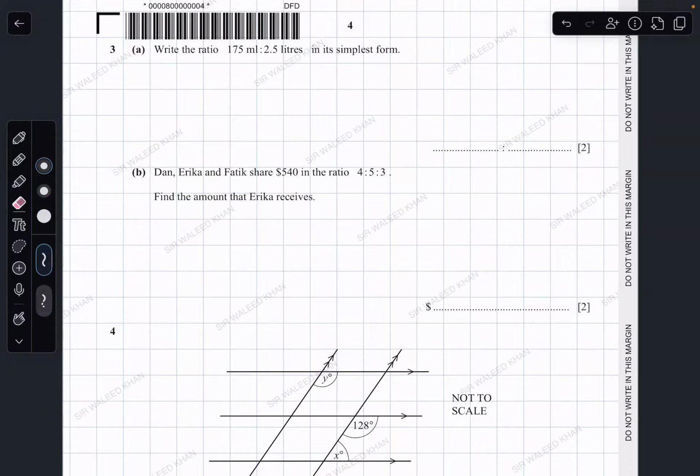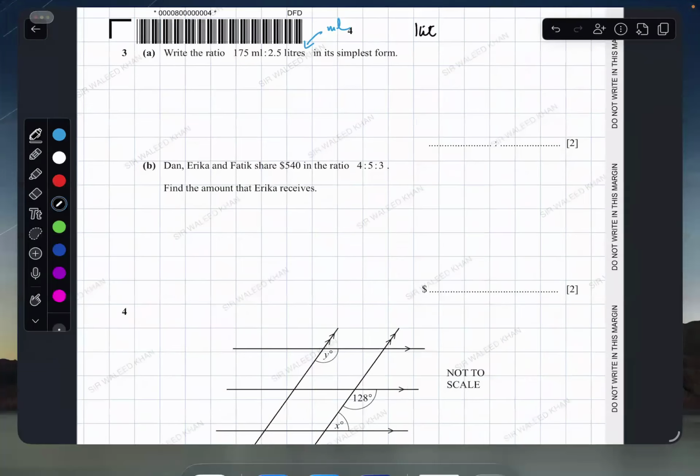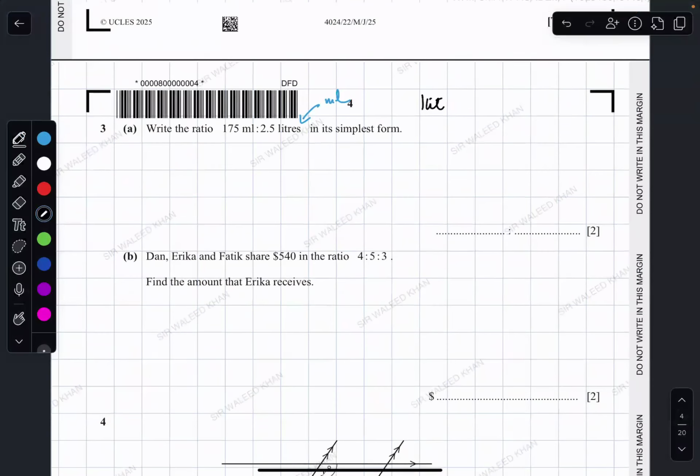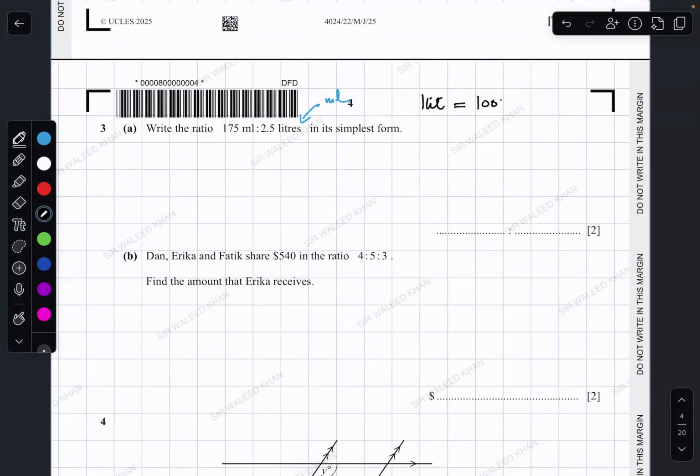So I'm going to convert this liter into milliliters. 1 liter is 1,000 milliliters. So we have 175 milliliters ratio 2500.